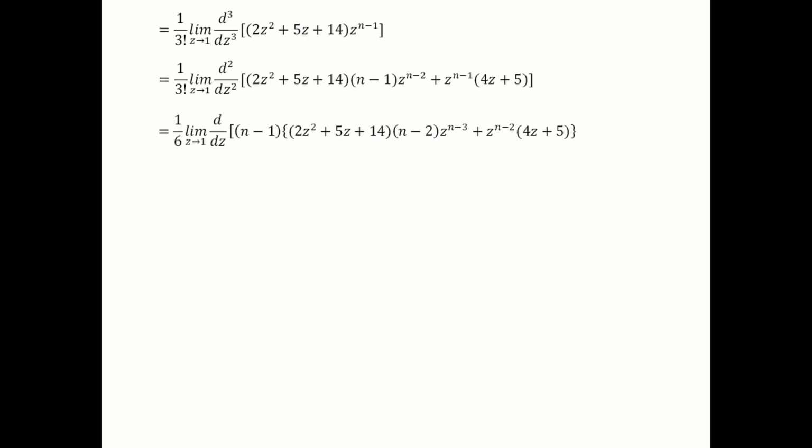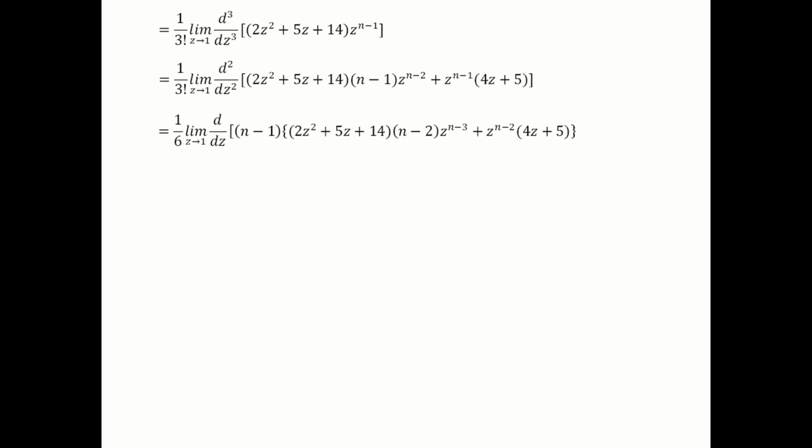So keep 2z² + 5z + 14 as the first term, then the second term z^(n−2). The derivative of z^(n−2), again using the uv formula, is (n − 2) into z^(n−3). Plus keeping z^(n−2) as it is, and the derivative of 2z² + 5z + 14: the derivative of 2z² is 4z, plus the derivative of 5z is 5, then the constant term 0. So 4z + 5. This is the derivative of the first term.